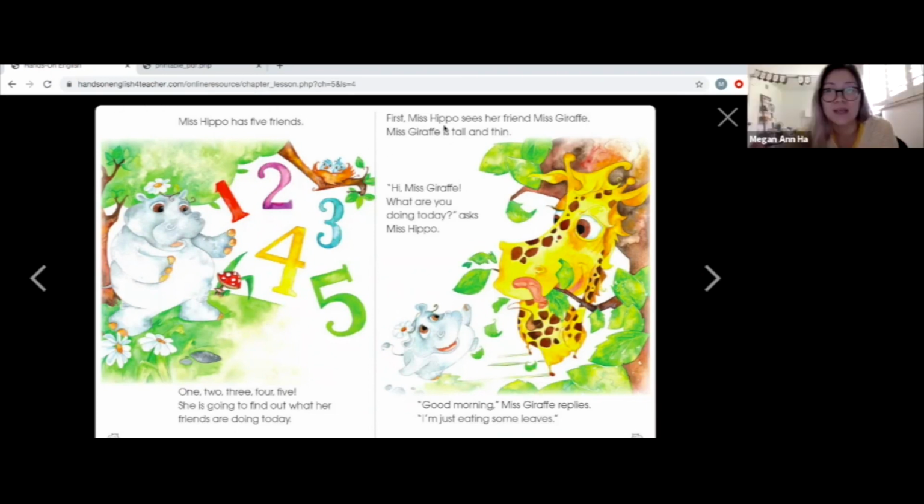First, Miss Hippo sees her friend, Miss Giraffe. Miss Giraffe is tall and thin.